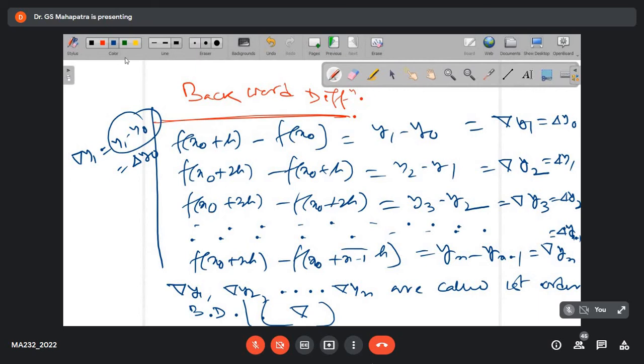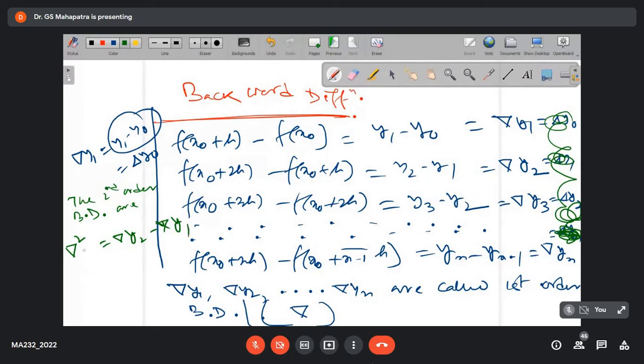So I will write here the second order backward differences. Now from the backward, you tell me what the answer will be. I can write nabla y2 minus nabla y1. What will be the answer?